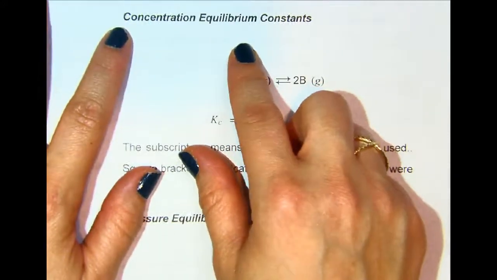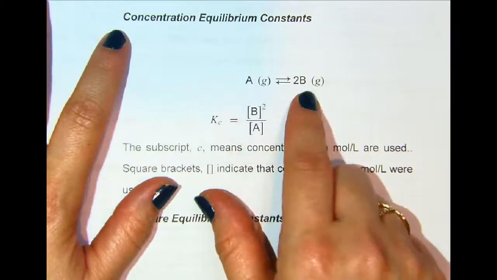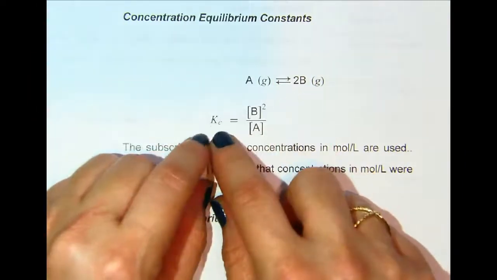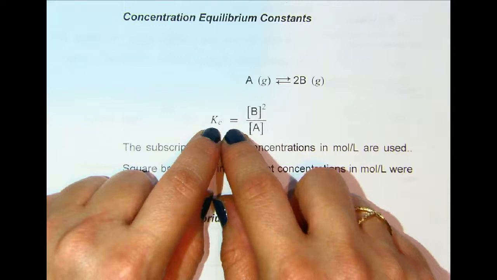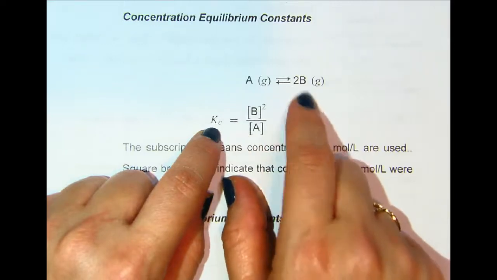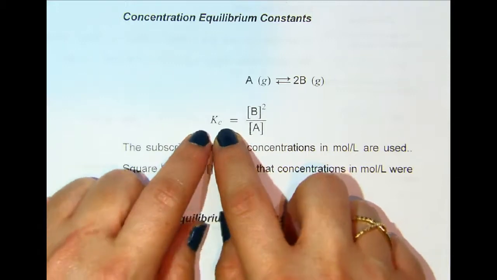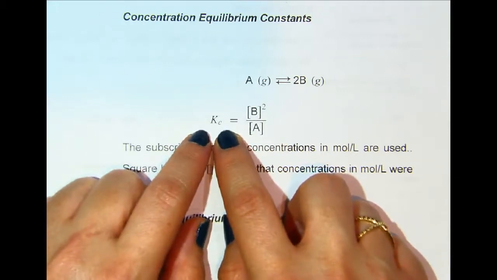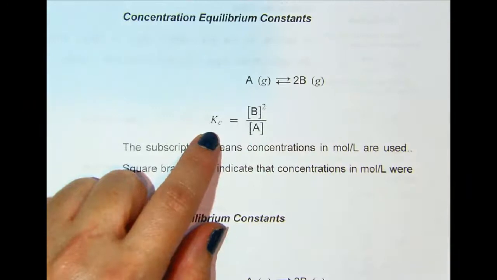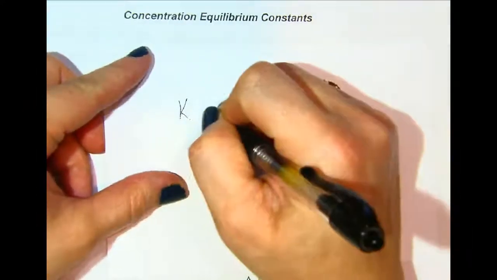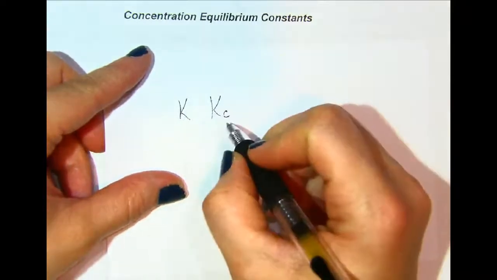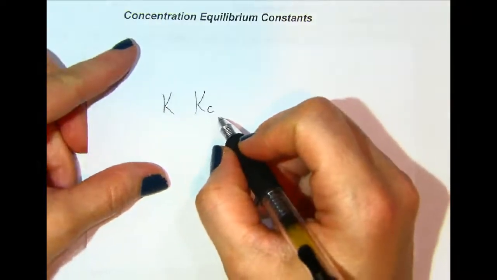Concentration equilibrium constants. So let's say you have this equation, and you're going to have Kc is equal to B squared over A. And you see the Kc here. I'll let you know that there are actually several values of K that you might see. You might see K by itself, Kc, which is equilibrium of concentration.